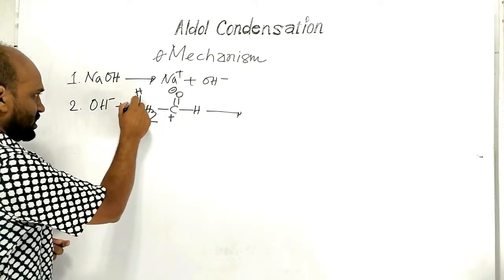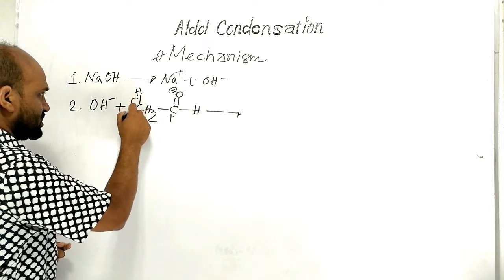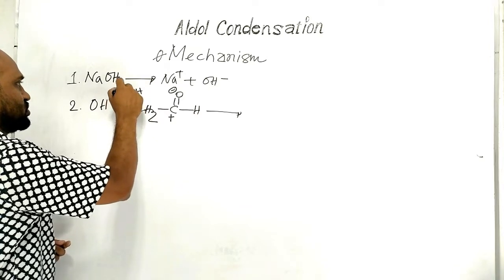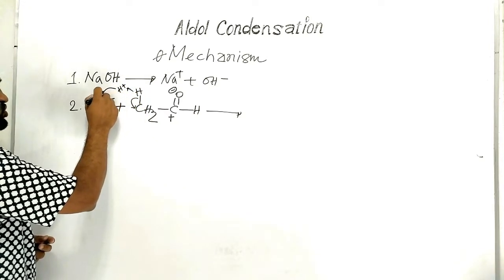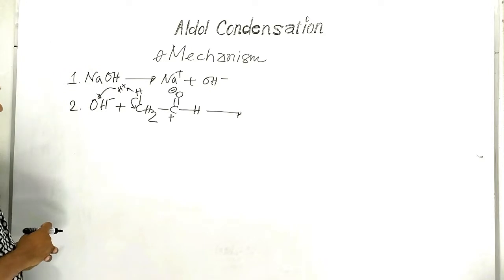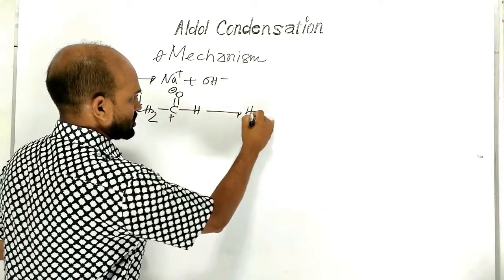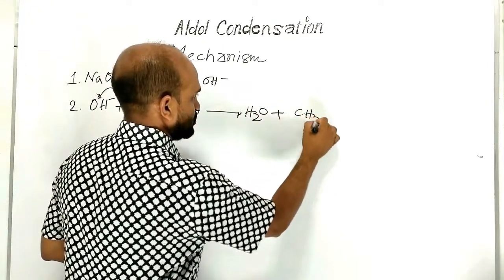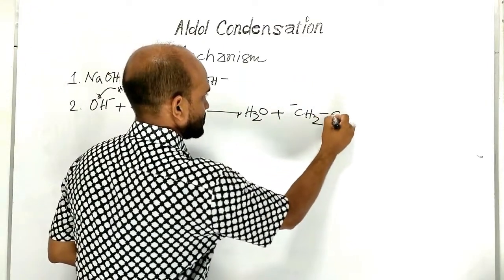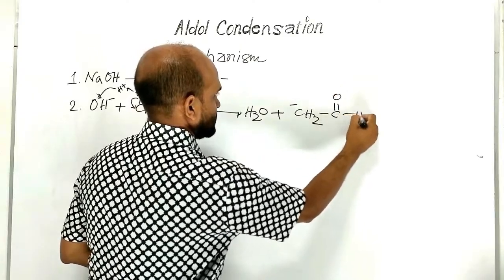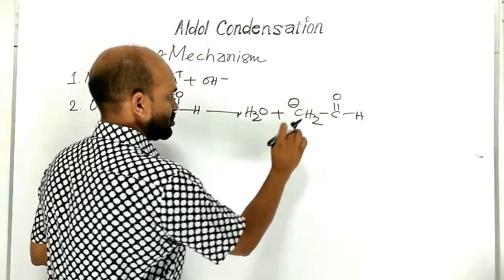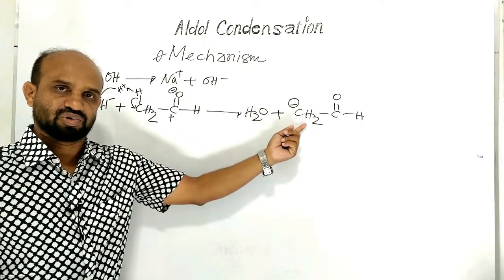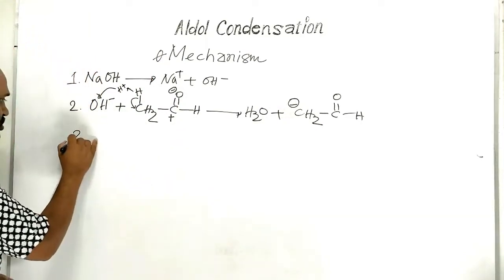So these covalently bonded electrons move here and hydrogen is freed as proton. This proton combines with this hydroxide ion to form water, and here CH2 minus charge COH, that is nucleophile. Carbanion nucleophile is formed.